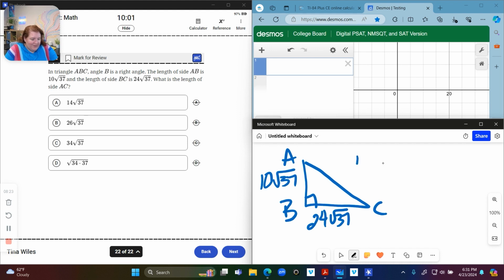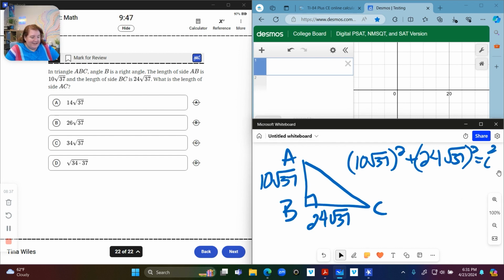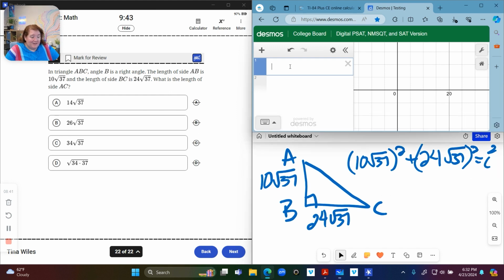A squared plus B squared equals C squared. And why AC is the C squared is because it is the hypotenuse and is the longest side of the triangle.